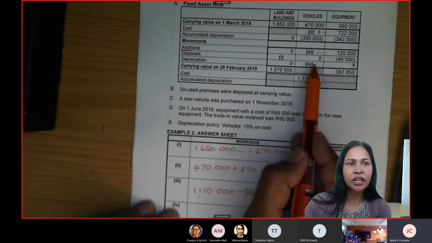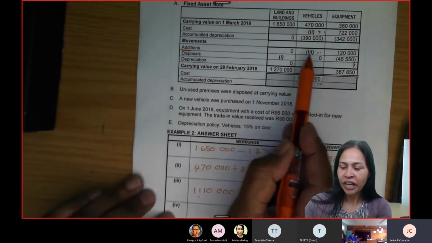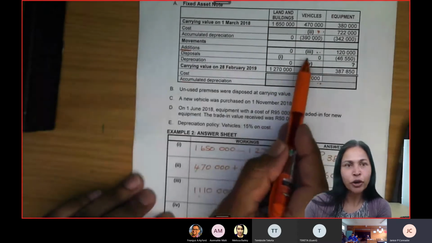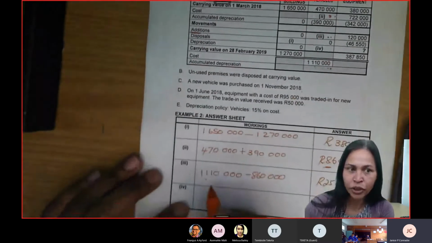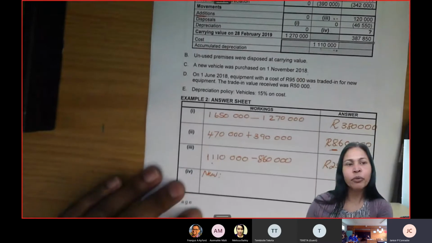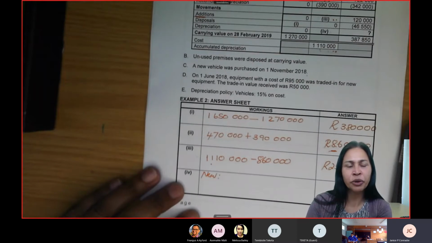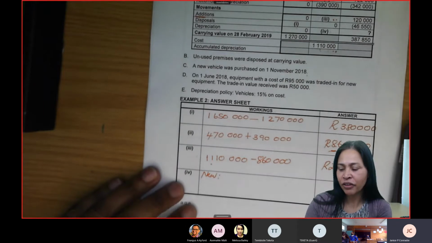Next, we're looking at our depreciation for the current year. Now, 2 parts to this transaction. We have additions, in other words, we have new vehicles. So I'm going to do the new one first. Remember, when we work with new, we need to take into account when we purchased, so from the date of purchase up till the end of the financial year.